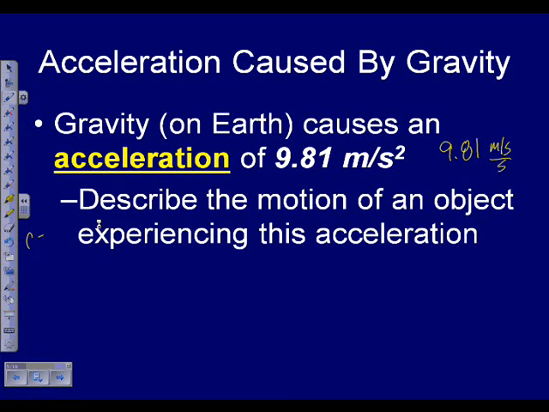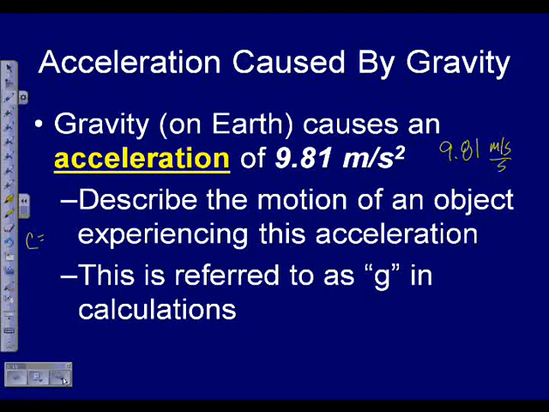The change in velocity over the change in time. An object experiencing an acceleration of 9.81 meters per second squared will have a change in velocity of 9.81 meters per second for every second that goes by. The velocity will change by 9.81 meters per second for every second that goes by.